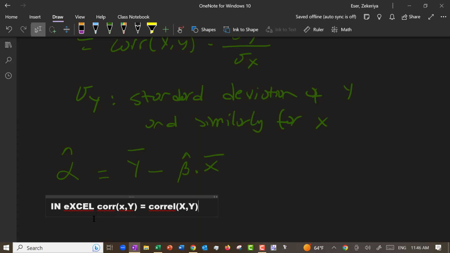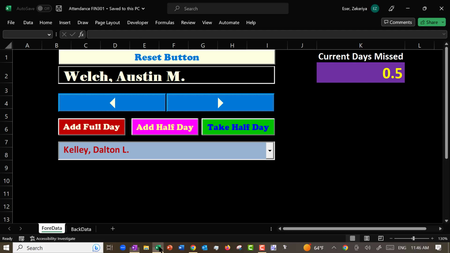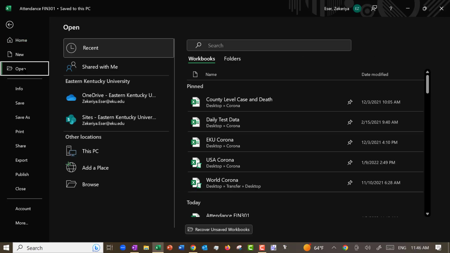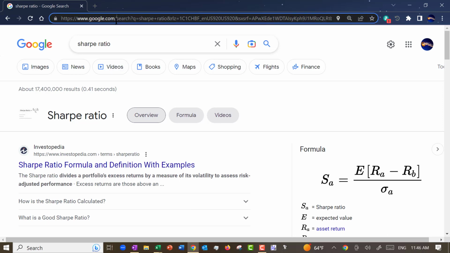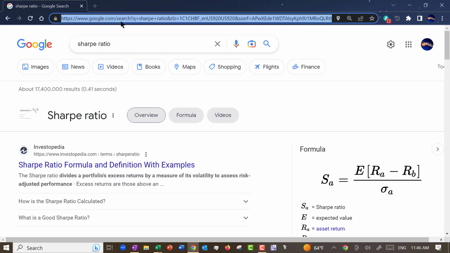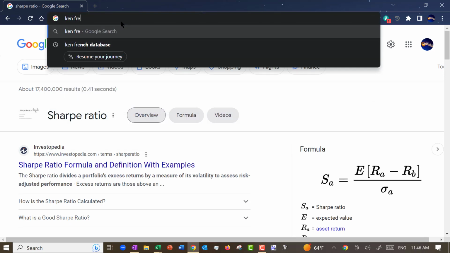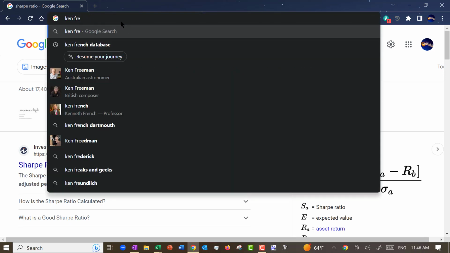But let's get the data first, okay? We downloaded it last time, but some of you were not here, so I'm going to do it again. On Google or your preferred search engine, type Fama French database. That's going to come up as the first link.